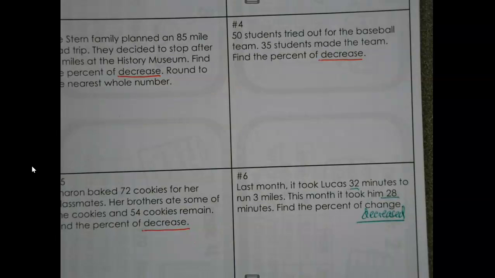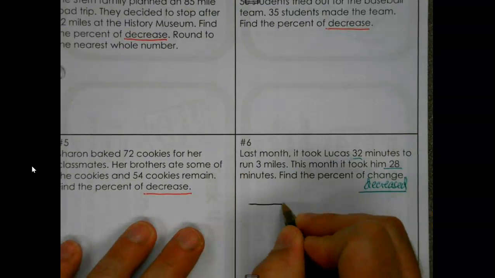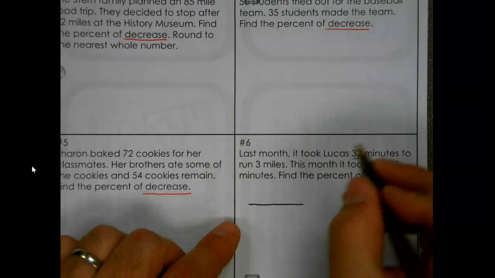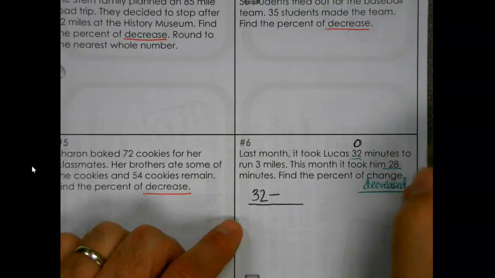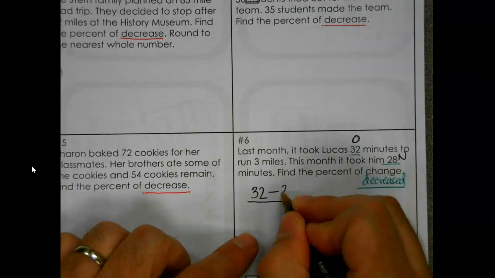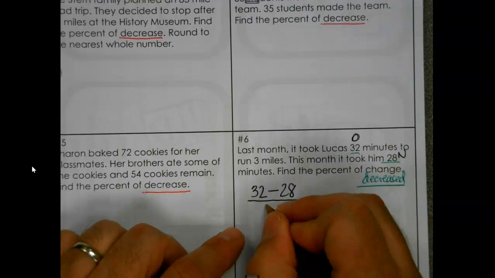The other twist, actually, let's do this one while we're here. Can't leave people hanging. So again, if we're doing that one, we're doing the original 32 minus the new 28 divided by the original.